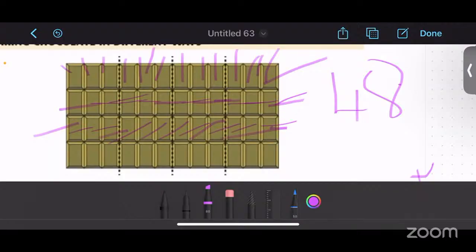Ma'am, I think 48. Oh, they are all going to get three. And how did you get to 3? Ma'am, because I took the first line, and the first slab has 16 chocolates.